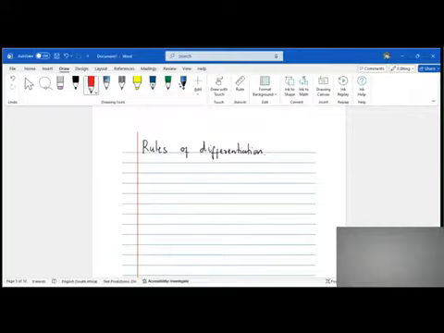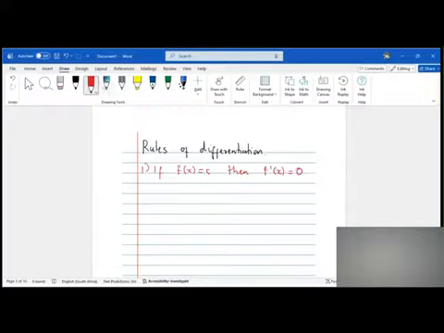All right. So the first rule says if f of x is a constant, then the derivative of f of x will just be 0. So we're just going to try and prove that: if f of x is a constant, then f prime of x, which is the rate of change or the derivative of f, is equal to 0. So I'm just going to write the proof here.